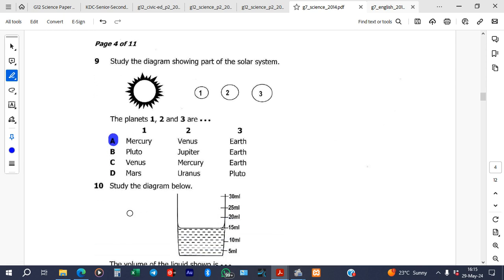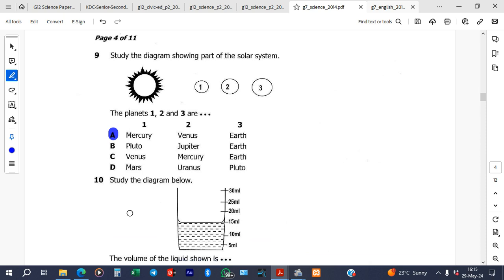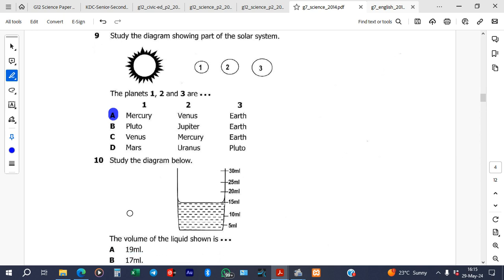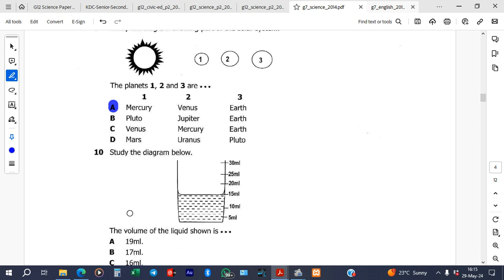Question 10, and that is where we are ending for today. Study the diagram below. So this is our diagram. The volume of the liquid shown is, so you see this line, until where it reaches the wall of this beaker.